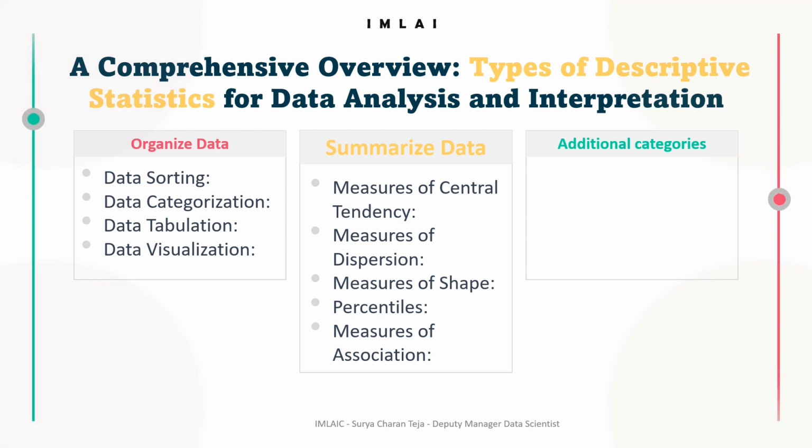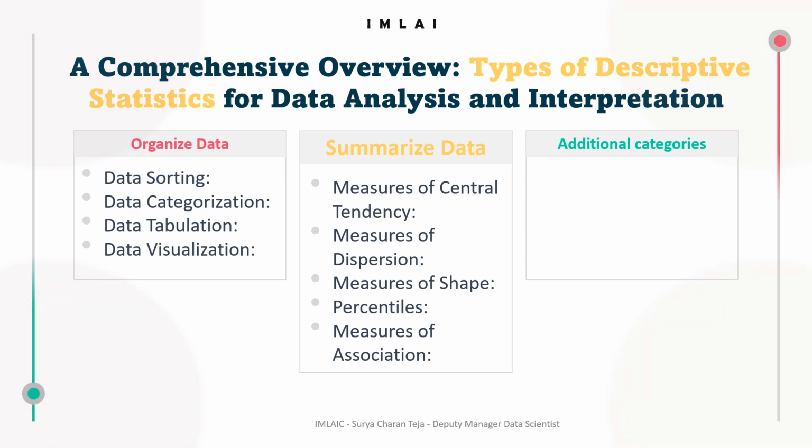Measures of association, calculating statistics that quantify the strength and direction of relationships between variables such as correlation and covariance. So correlation and covariance come under the measures of association, and measures of central tendency, measures of dispersion, measures of shape, percentiles, measures of association come under summarized data.